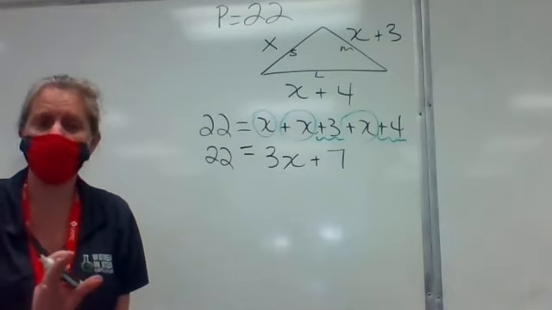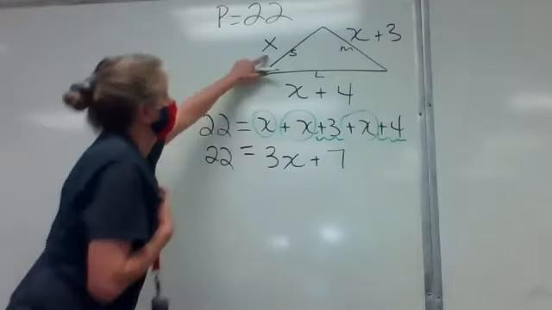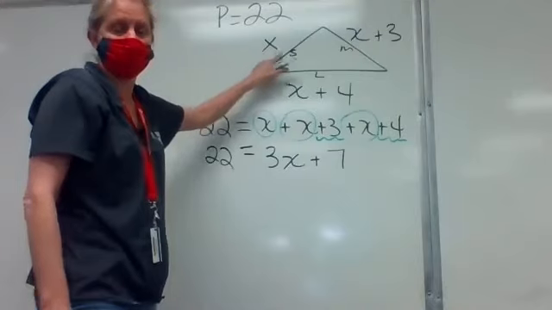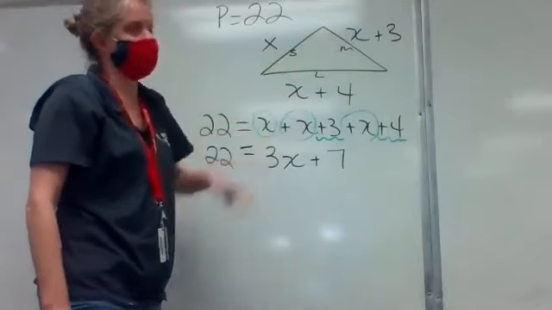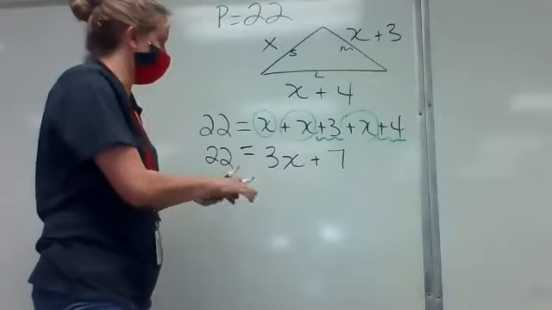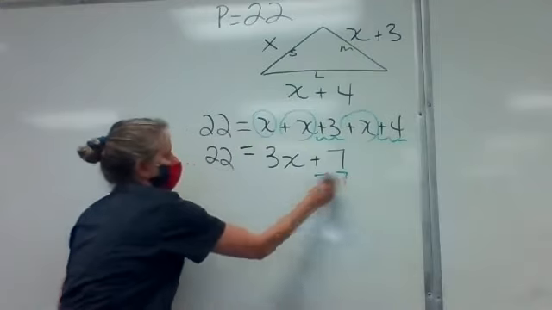If I get x alone, what do I know? Well, there's my x. It represents your short side. And then from there, I'll be able to find the medium and the long side. So I just need to get the x alone, like I always do. Get rid of the plus 7 with a minus 7.